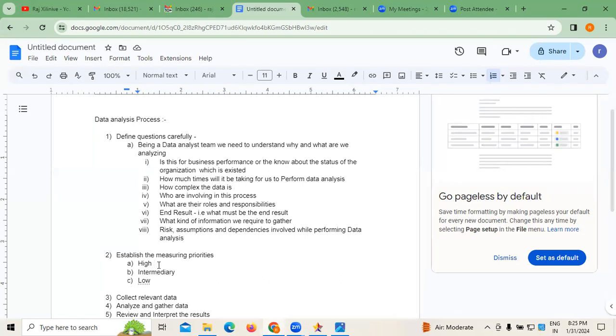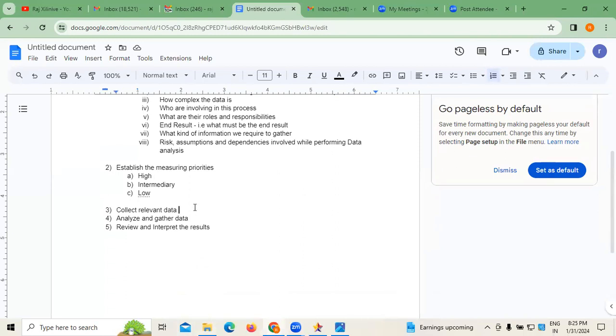The third one is low priority, right? Whatever priority items we have taken into consideration come under low priority. High priority items as separate, intermediary priorities as separate, low priorities as separate, right? This is how establishing and measuring priorities has to be performed. This is point number 2.